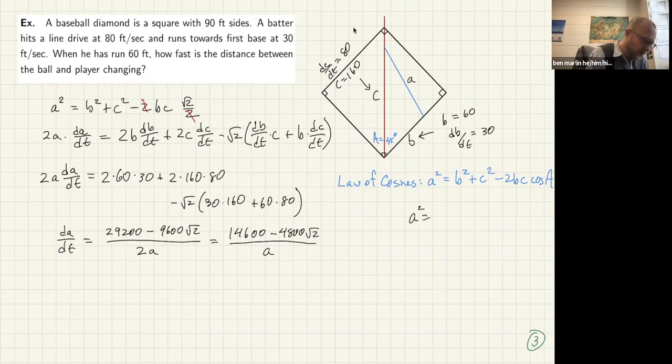So a squared equals, the b squared is 60 squared, the c squared is 160 squared, and minus a square root of 2 times the 60 and the 160. So I'm going to take a square root after I put all that stuff together, but it shouldn't be too terribly bad.